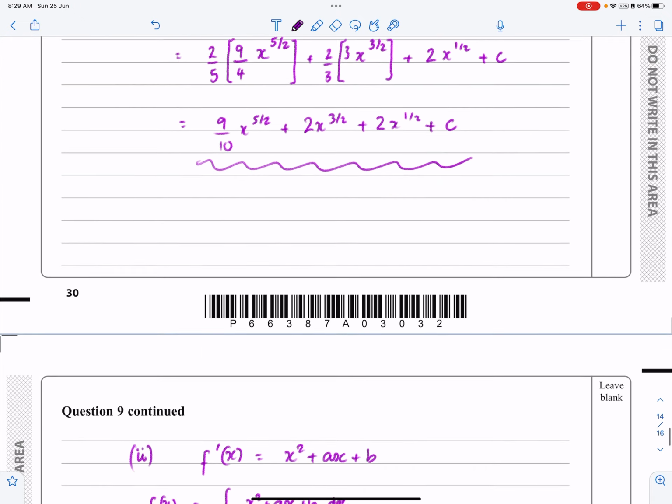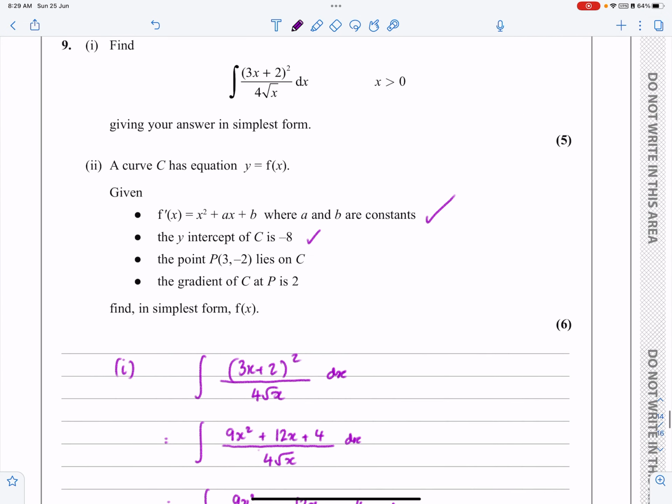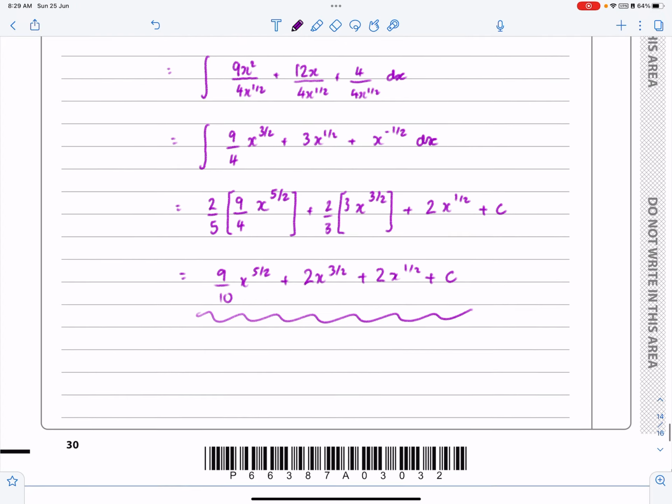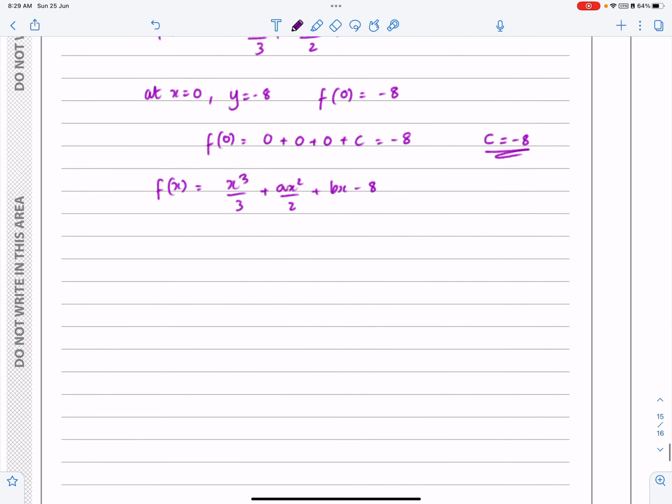Let's go back and find out another piece of the information. Notice I'm just going down the list here. They've told me here that when x is 3, y is -2, or f of 3 is -2. Okay, so if f of 3 is -2, then sticking 3 in there is going to give me -2.